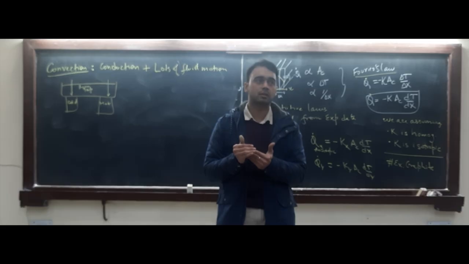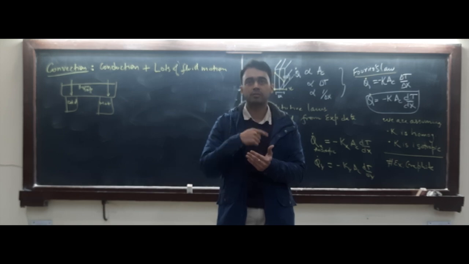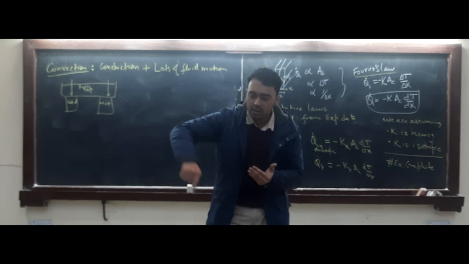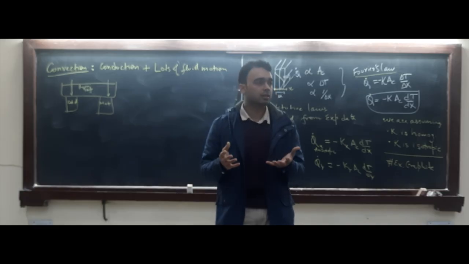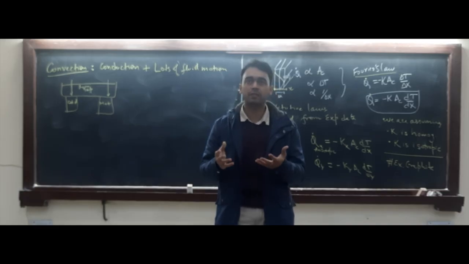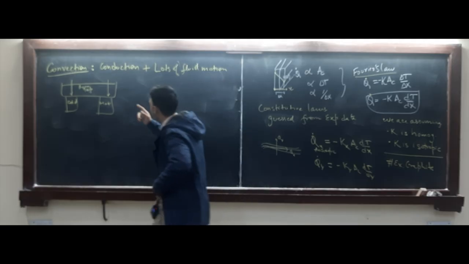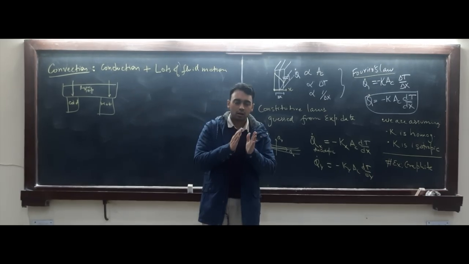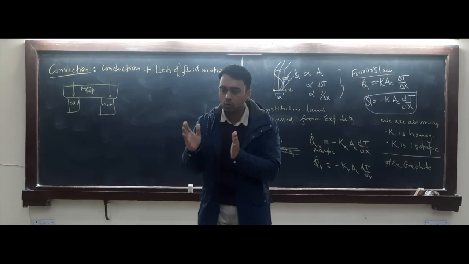Does it make sense? In case of water in that example, if you were to take honey, which has a different conductivity, for the same motion that you generate, you will get a different heat transfer coefficient or different convection rates. So convection ultimately is conduction between a hot fluid molecule and a cold fluid molecule.